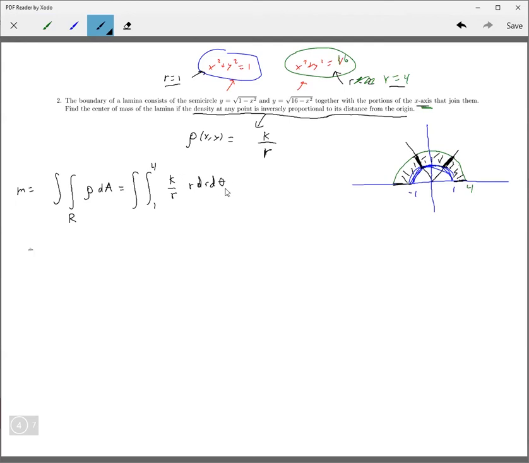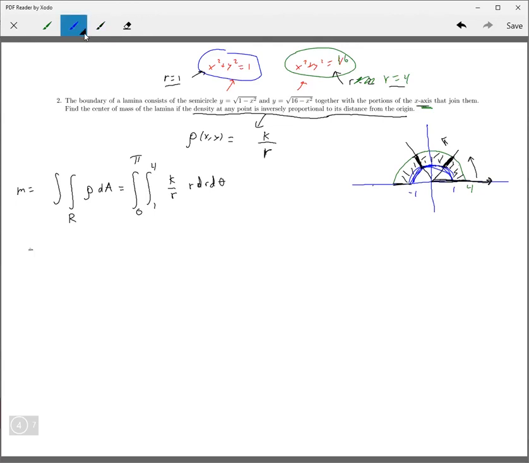And then theta? What angle is this, going out this way? That angle is 0, and as you go up this way, this is pi. So theta is 0 to pi.